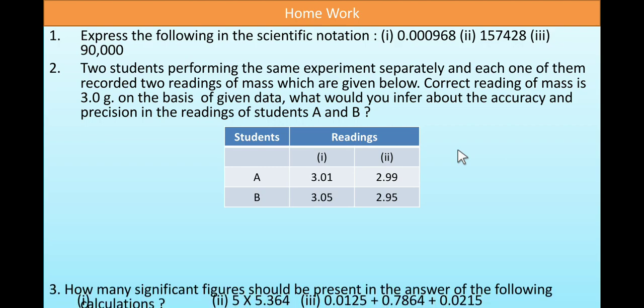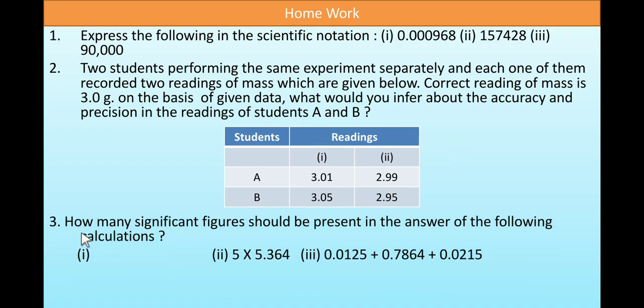Okay. Next, how many significant figures should be present in the answer of the following calculation? First of all, you calculate this with the rule of scientific notation and get the answer, and you have to say how many significant figures are there in the answer.